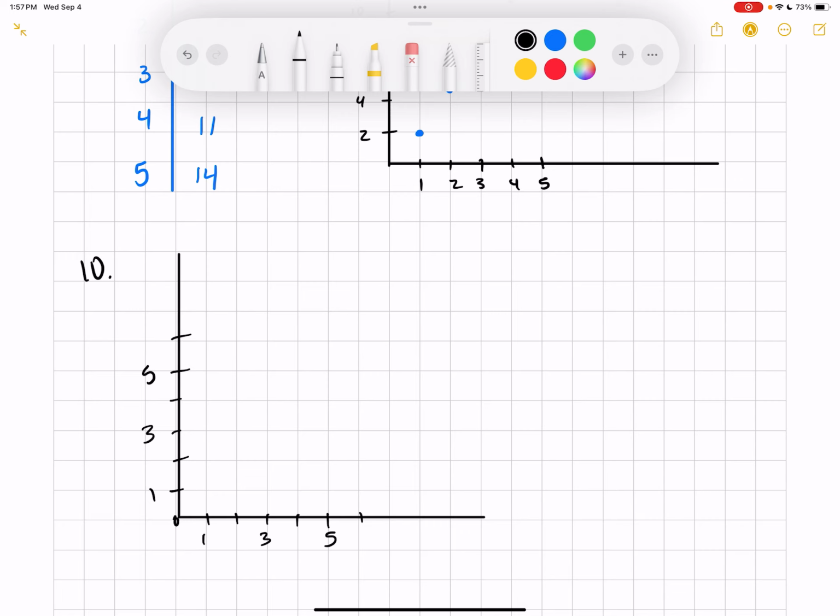And the points that are on the graph are at 0, 0, 1, 1, 2, 2, 3, 3, 4, 4, 5, 5, and 6, 6.